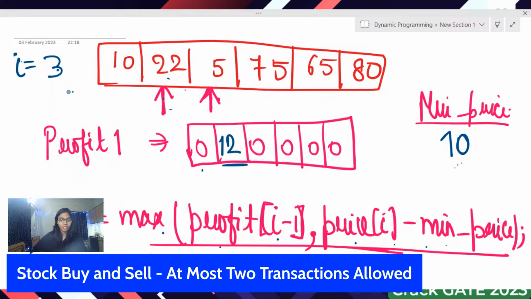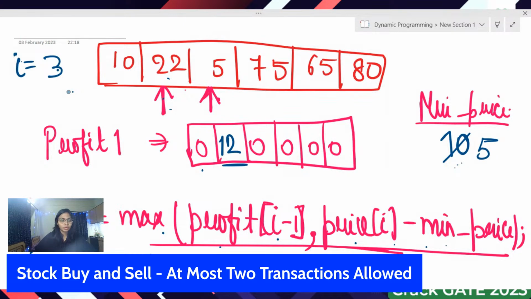Do we need to update the minimum price here? Exactly, we need to update. So now the minimum price will be 5.